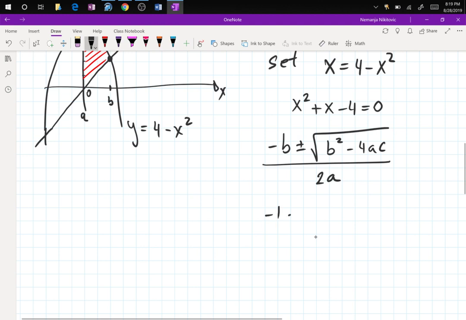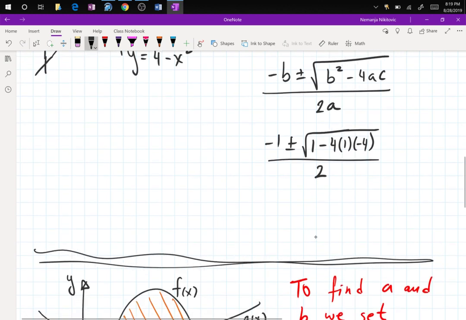So negative b plus minus square root of b squared minus 4 times a times c, divided by 2a. 2 times 1 is 2. So the whole thing is negative 1 plus minus square root of 17, over 2.